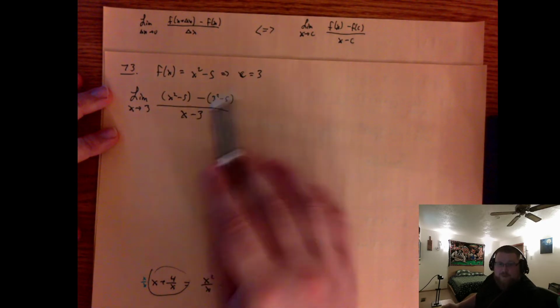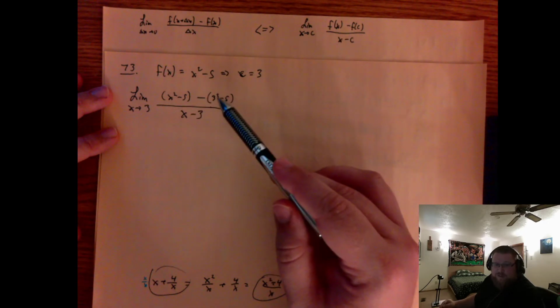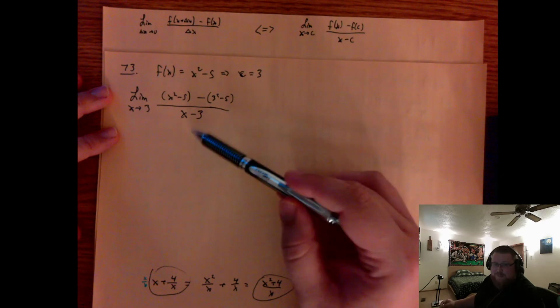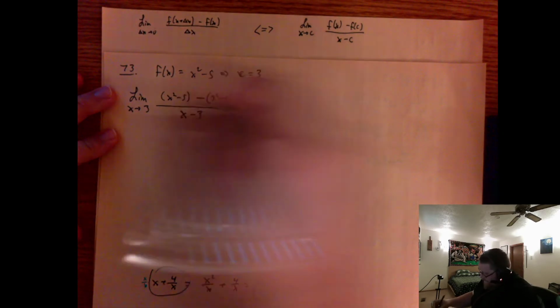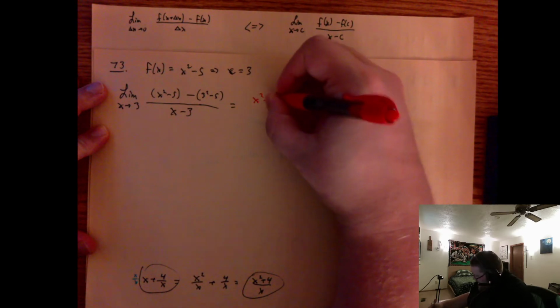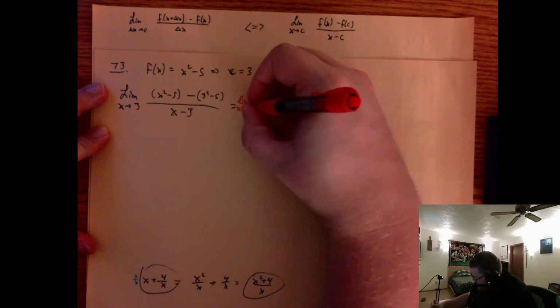And so everywhere there used to be a c, or everywhere there used to be an x, we replaced with our number c, which is 3. So instead of x squared minus 5, we have 3 squared minus 5. Instead of x minus c, we have x minus 3. Now, we do our algebraic simplification. X squared minus 5, limit x approaches 3.